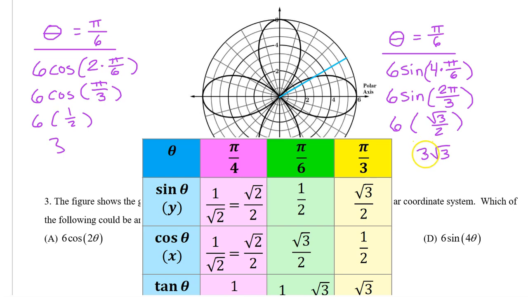This simplifies to 3 radical 3. This value is definitely bigger than 3. And on the polar grid at pi over 6 radians, we see that an r value of 3 is right here, and there are no r values bigger than 3 that are on the graph of f of theta. So option D has been eliminated, leaving option A as the answer.